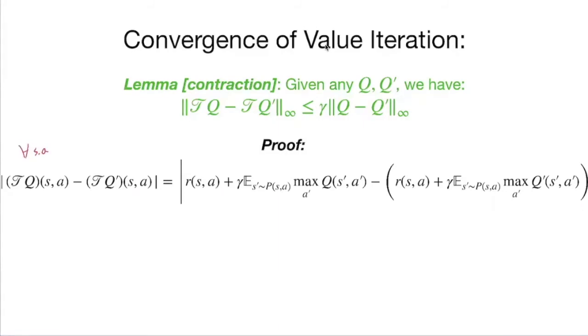The first step is to write out the expression for TQ and TQ prime. Remember this is the usual quantity: the one step immediate reward plus the expected future outcome starting from the next time step. I'm just zooming into this T operator for both Q and Q prime in the first equation.